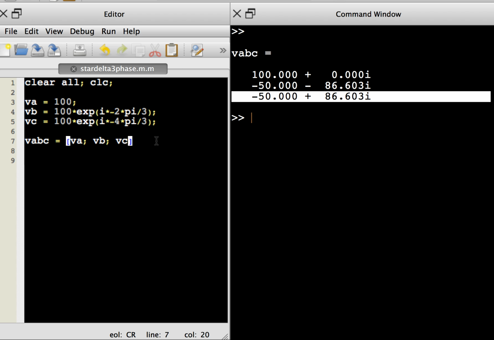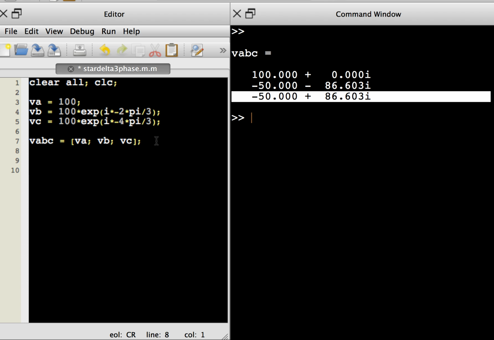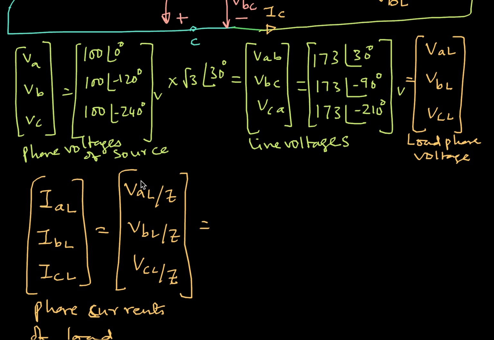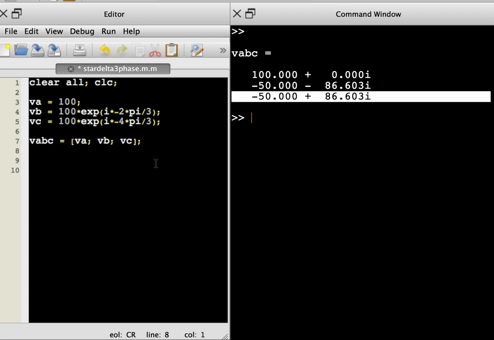So now, what are the line voltages? How to get the line voltages? Just some time back you had seen that, let me refer to here. This one we have defined. So just multiply by root 3 into 30, I'll get the line voltages. So that's what we'll do. Why we should multiply root 3 into 30, I've already explained in the previous videos. It's basically just a vector addition.